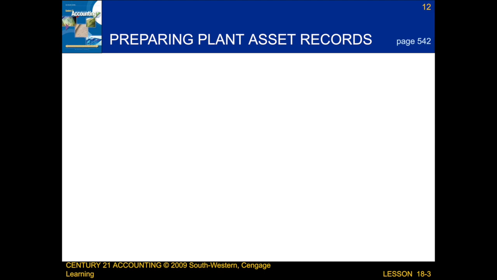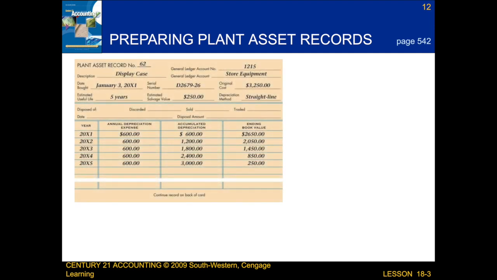Okay, next we're going to be talking about preparing plant asset records. So when we prepare plant asset records, there are a few steps that we follow when doing this process. First, we write the information in Section 1 when the asset is purchased.